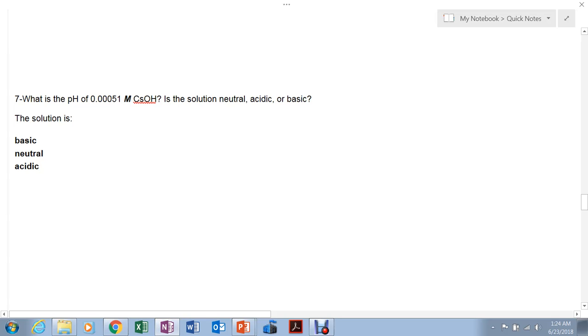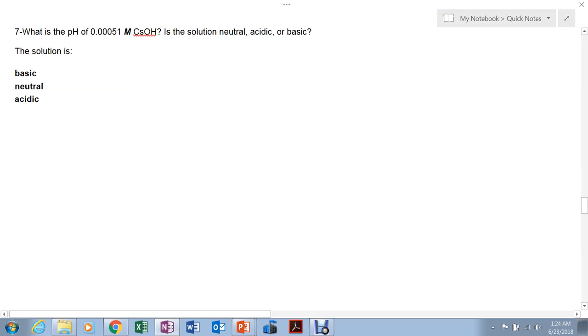Okay, the 7 would be, what is the pH of a solution? You're going to find out, of course, a different concentration there. This is the 7, and the solution is cesium hydroxide, which dissociates into cesium plus and OH negative.